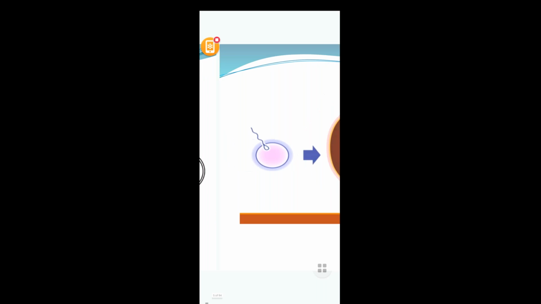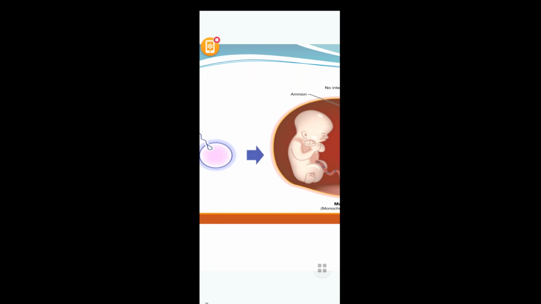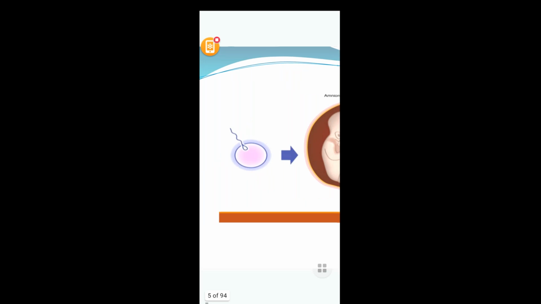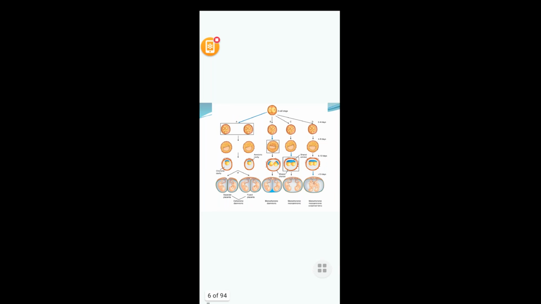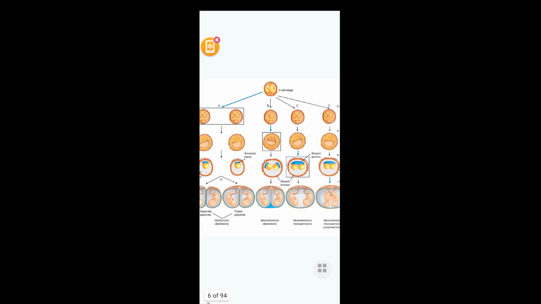What do you understand by this ovum and a sperm in it? This is monozygous, because here only one sperm has penetrated one ovum, fertilized one ovum, but resulted in twin pregnancy. See, this is a clear picture. You need to understand how it is formed. This is the two cell stage.